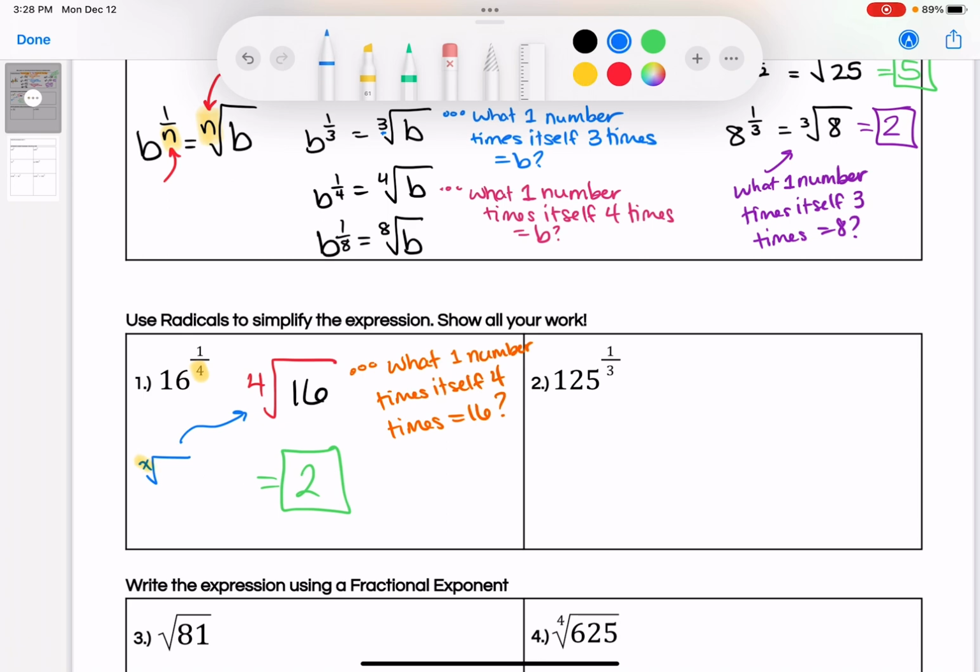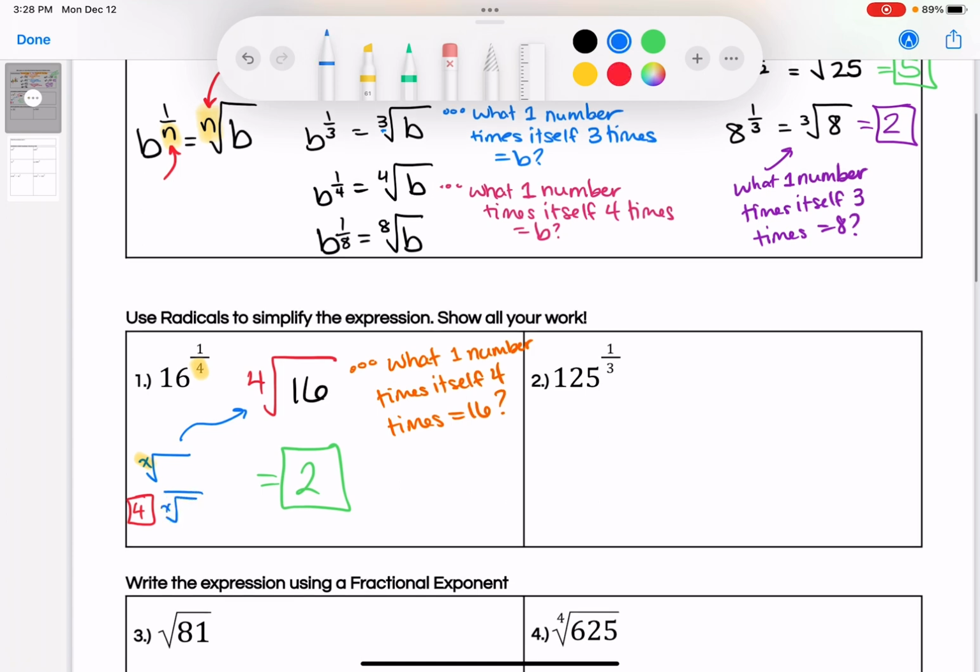I believe you have to hit the second button on your calculator, and it's in the little grayed out letters above one of the keys on the left. You would type in the 4 first, the what root, then hit the second button and then this X root key, and then type in the 16. So that's how you would do it on your calculator, if you really needed help.